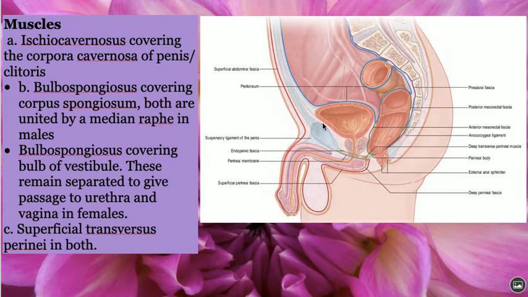The bulbospongiosus covers the corpus spongiosum, and both are united by the median raphe in males. Okay, but the bulbospongiosus in females covers the bulb of the vestibule and they remain separated throughout to give passage to the urethra and vagina. And then lastly, we have the superficial transverse perineal muscle in both.